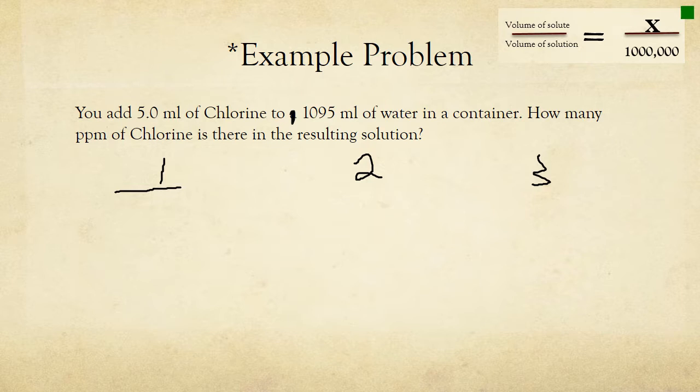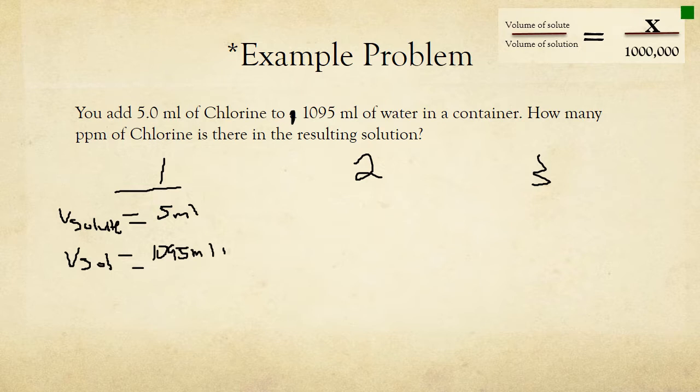So in this case, I find my volume of solute, which equals 5 milliliters. And my volume of solution is equal to 1,095 milliliters.